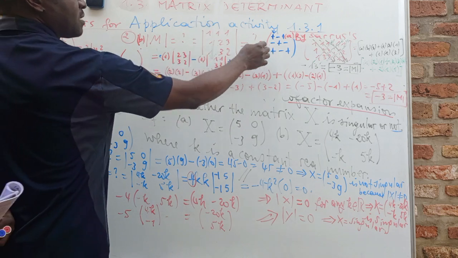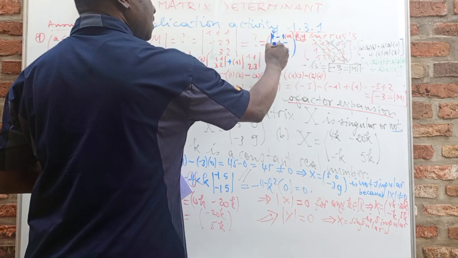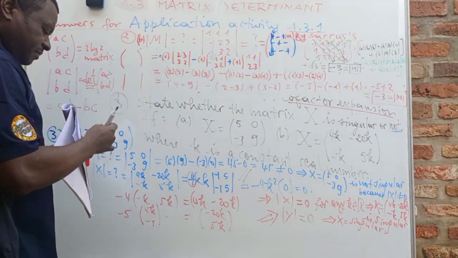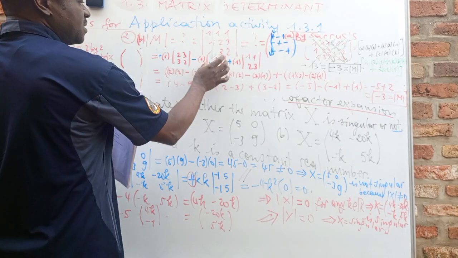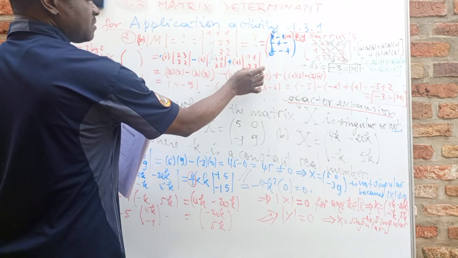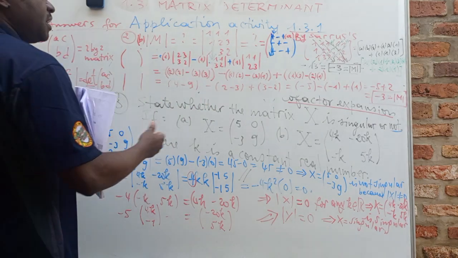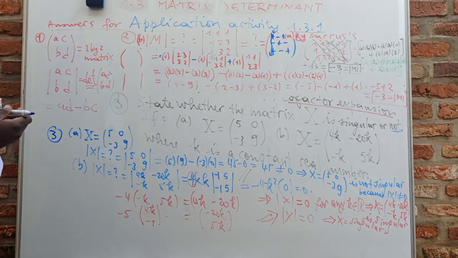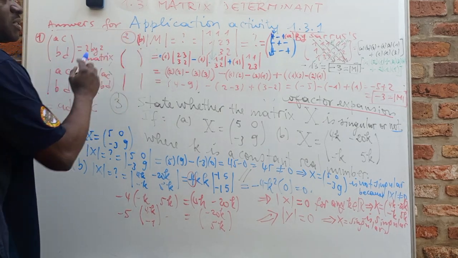It was expanded according to the first column as it is indicated here. So the negative, the opposite of this determinant, was the cofactor of this element. Positive 1 times this determinant was the cofactor of this element. And each time, these coefficients are multiplied in order to find the determinant by cofactor expansion.